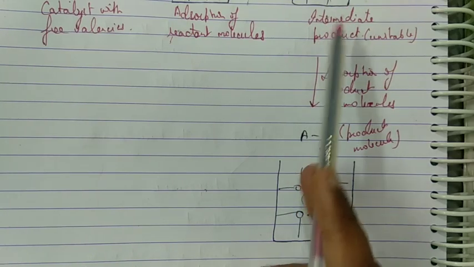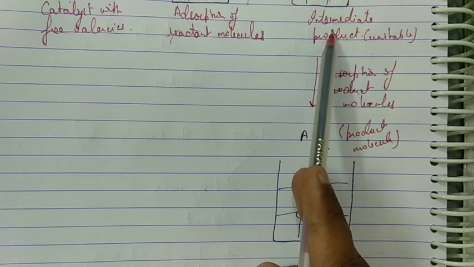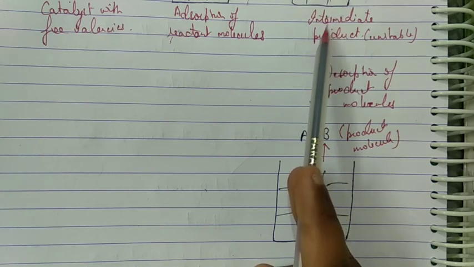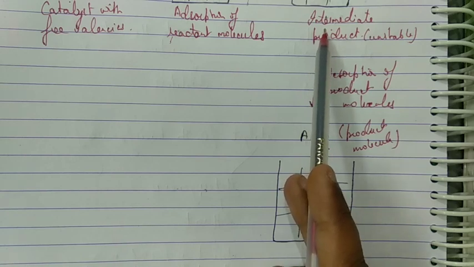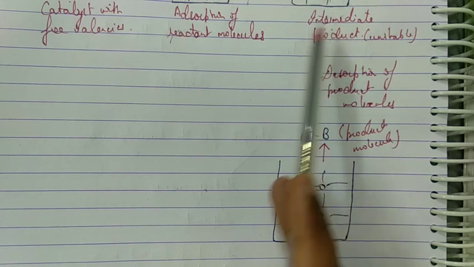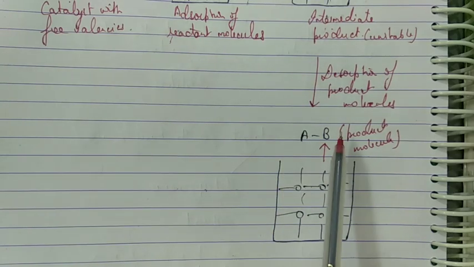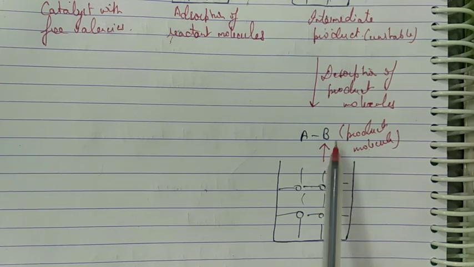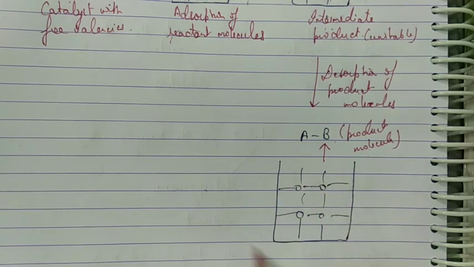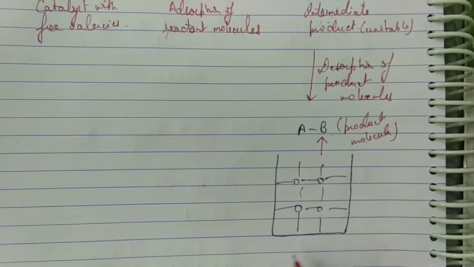That means the chemical bond formed here can break down, because the surface of the catalyst has less affinity for binding the reactant molecule to its surface, due to which the molecule will get detached by breaking of the bond and the product molecule will diffuse away, leaving the catalyst over here.